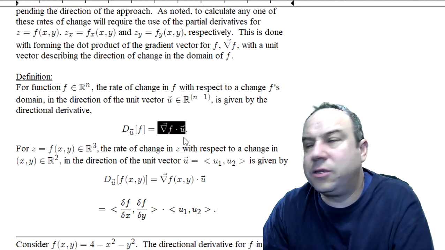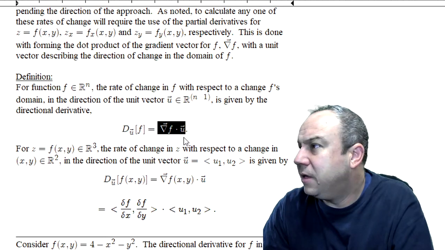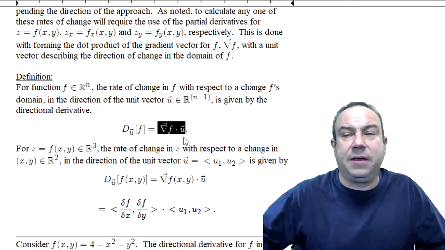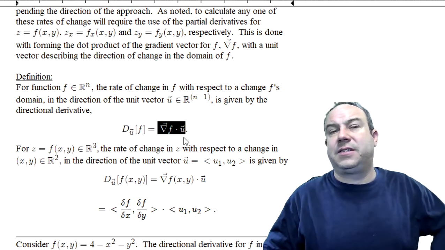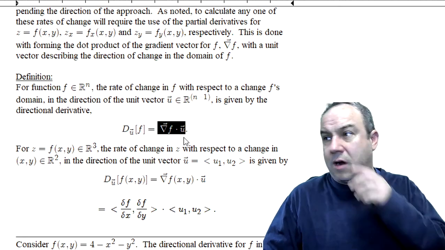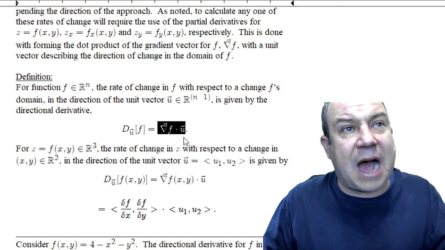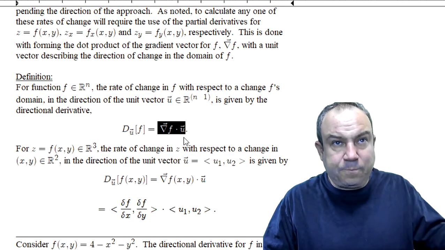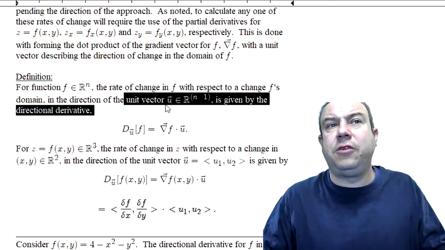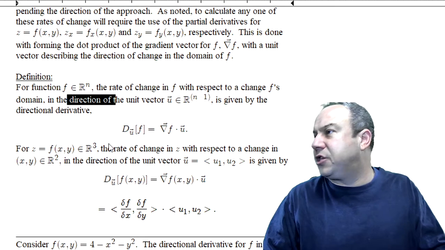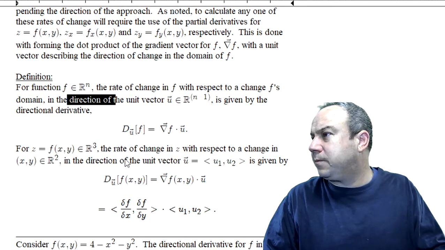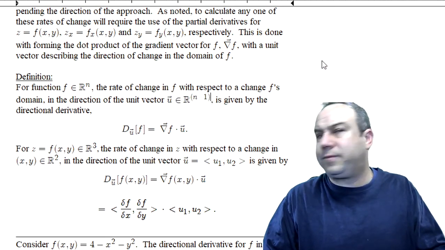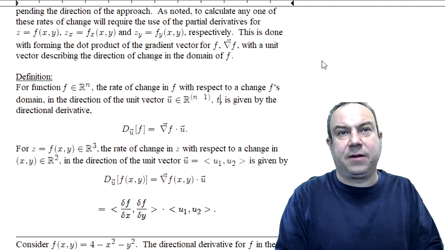And the way that that directional derivative is found is taking the dot product of what would be the gradient of f, the vector made up of its partial derivatives for our function f, dotted with u bar, where u bar is a unit vector describing the direction of change in our domain of f. Let me even point that out here.